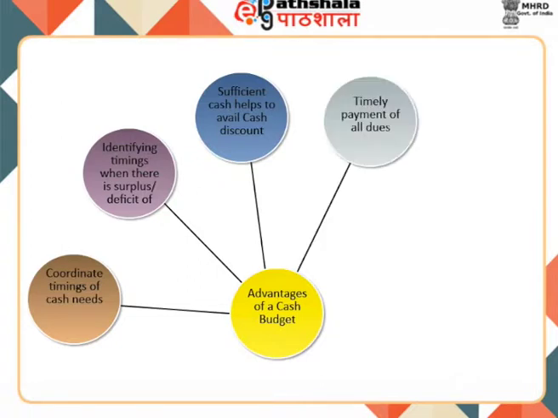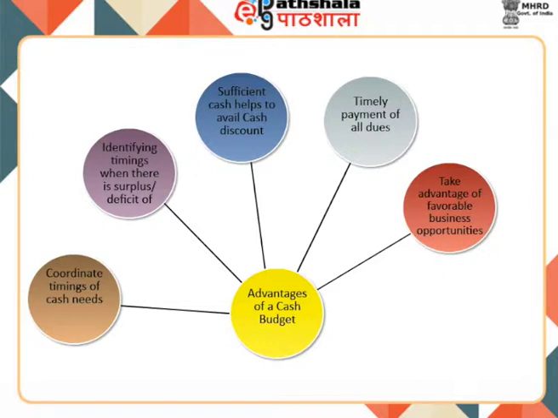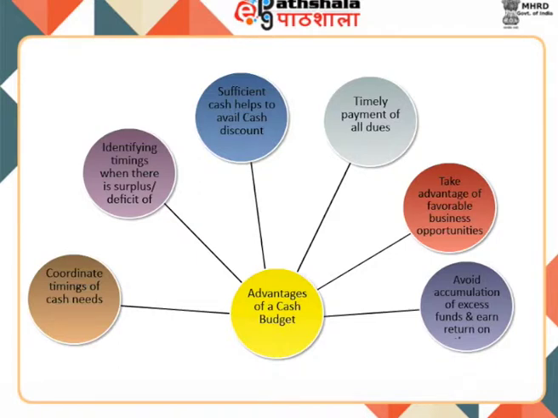Fourth, it is also useful to ensure all payments are being made on time. Fifth, favorable business opportunities can be taken up with proper planning. Sixth, the accumulation of excess funds lying idle can be avoided and the same can be invested to earn returns on them.